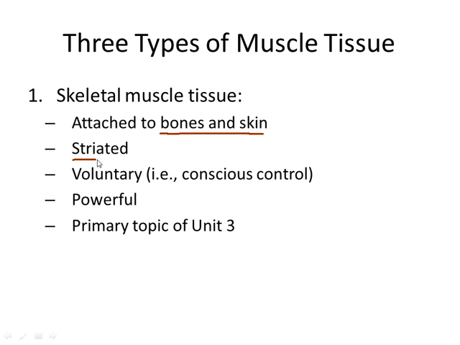It's striated. That means it has those little stripes. It's voluntary. You're in control of skeletal muscle. Very powerful. Able to generate a lot of force. And that's mostly what we're going to talk about in Unit 3. When we talk about muscle contraction, muscle physiology, we're basically going to talk about skeletal muscle.